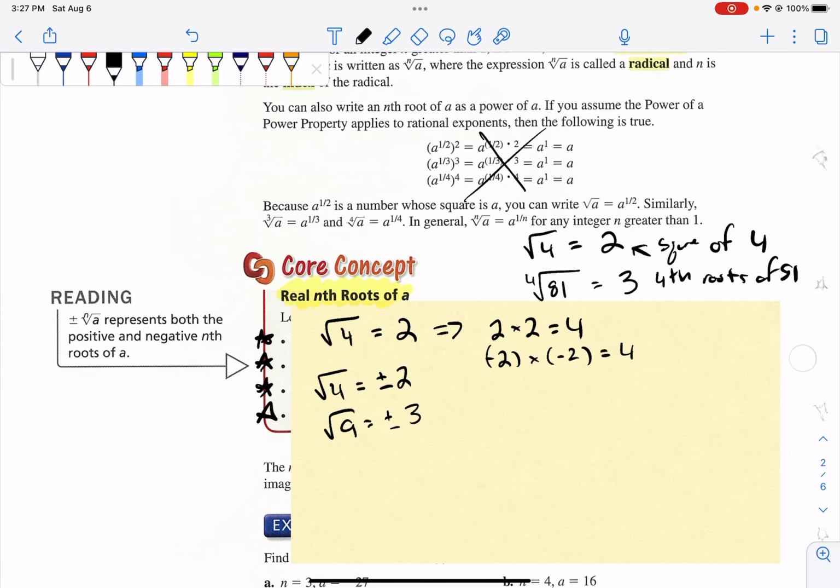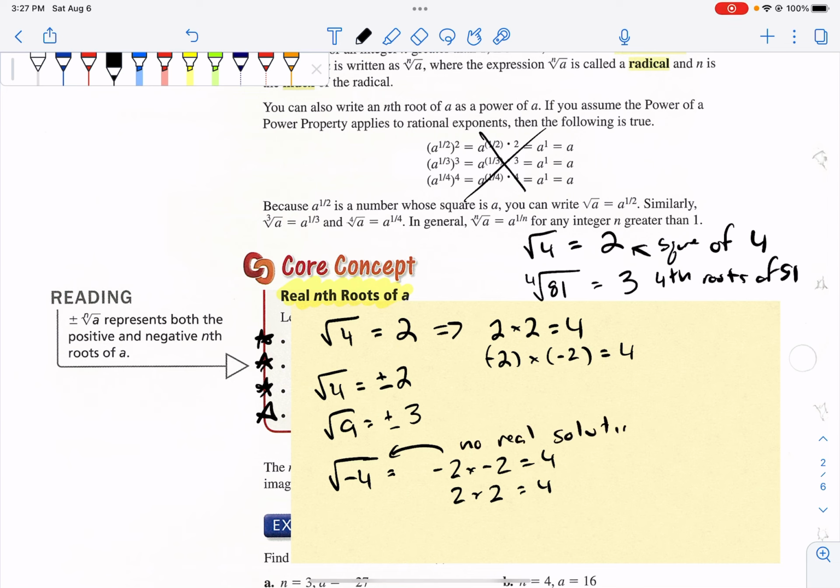Sometimes these numbers don't exist, okay? Like, for example, the square root of negative 4, there is nothing that can be multiplied by itself to get a negative number, right? Because negative 2 times negative 2 is positive 4. A negative times a negative is a positive. A positive 2 multiplied by a positive 2 is also a positive 4. So if I'm taking the square root of a negative, there is no real solution.